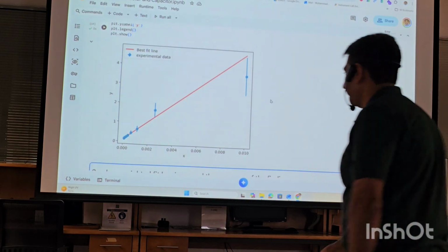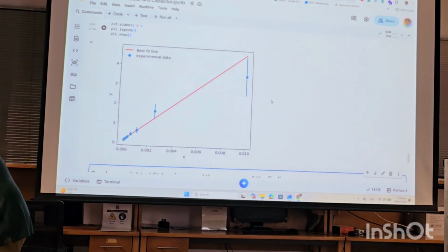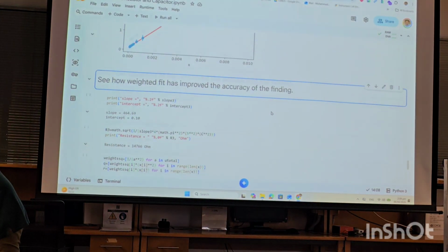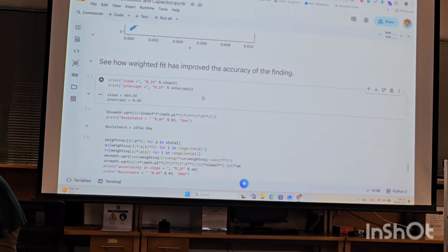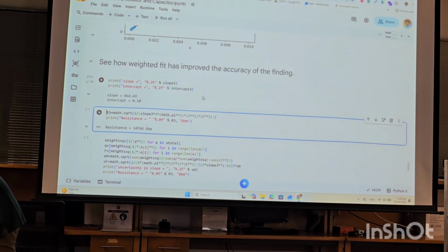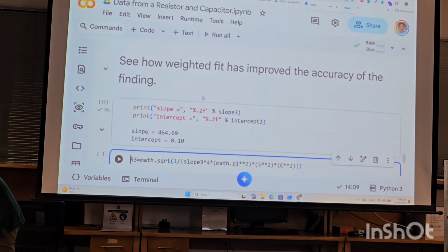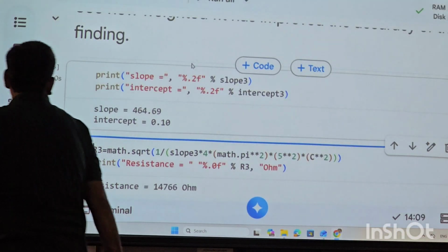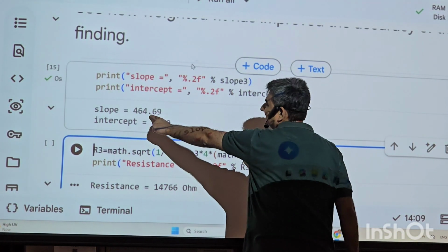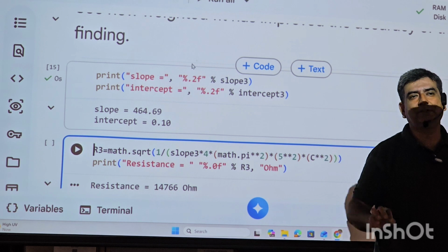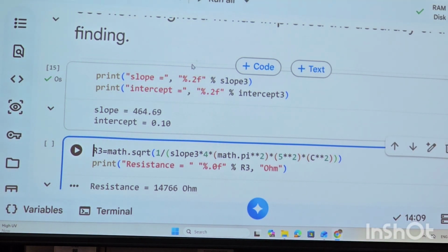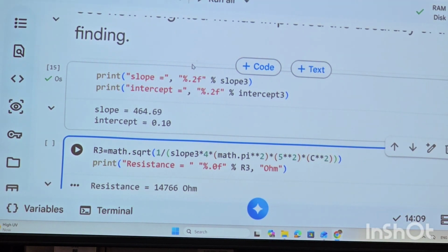Let's see what this slope is. So this is your slope. It's gone up. Previously it was about 360 something. Now the slope has gone up.